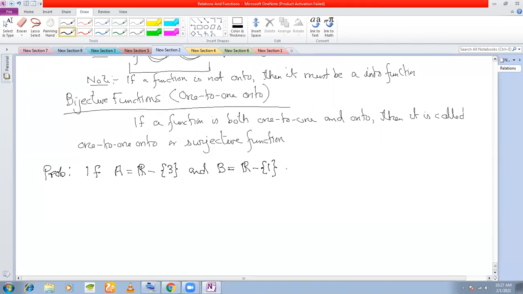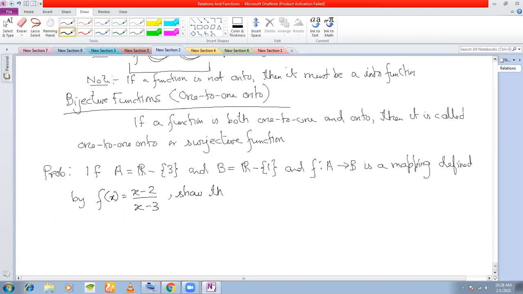Can you tell me what you mean by this? The function is defined by f(x) = (x minus 2) by (x minus 3).